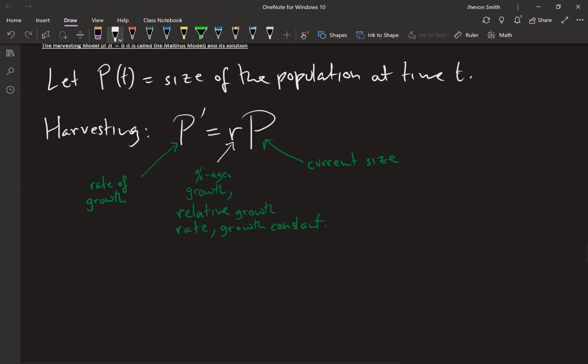And then on top of that, the harvesting model includes this plus h. So this is almost like a linear portion of the growth. This is a fixed amount we are growing or decreasing by. Okay. Now, once you have that, this is called the harvesting model of a population.